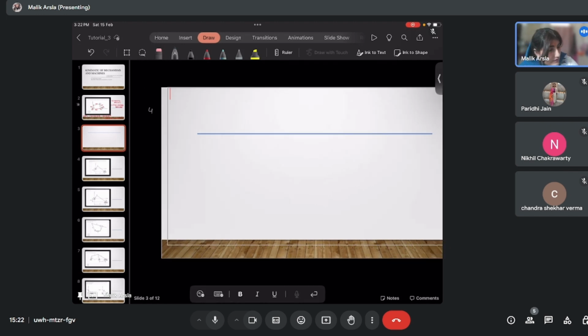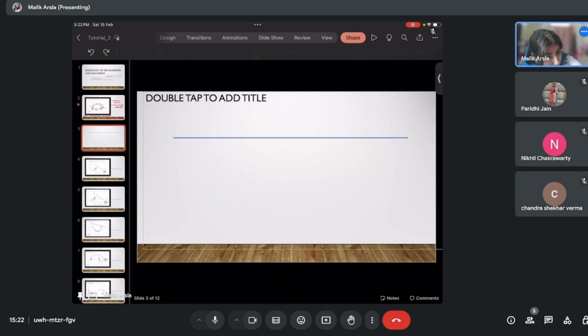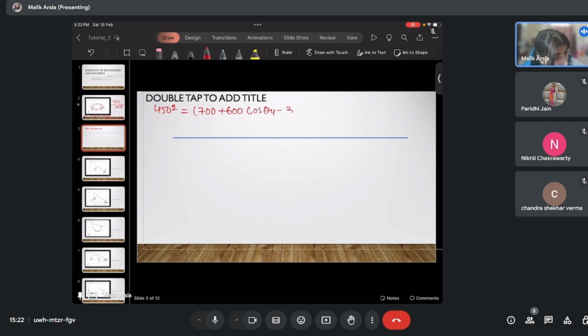So it is 450 square is equal to (700 plus 600 cos theta 4 minus 300 cos 70) squared plus (600 sine theta 4 minus 300 sine 70 degree) whole square.